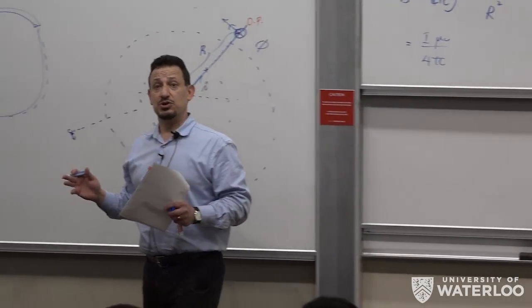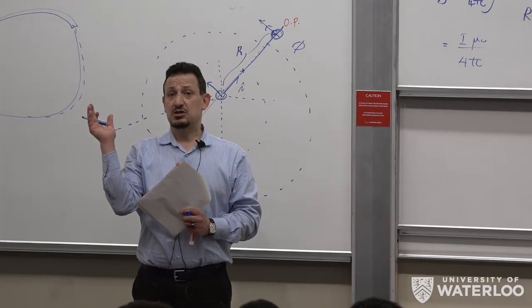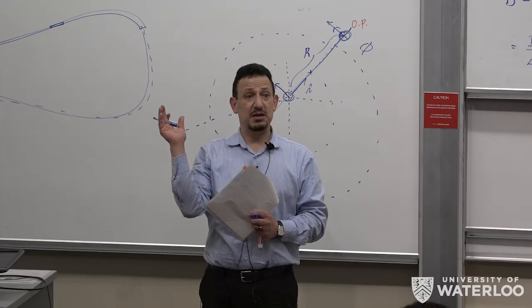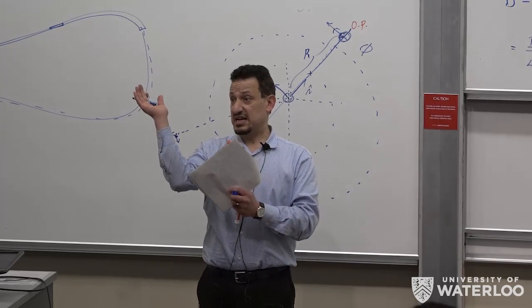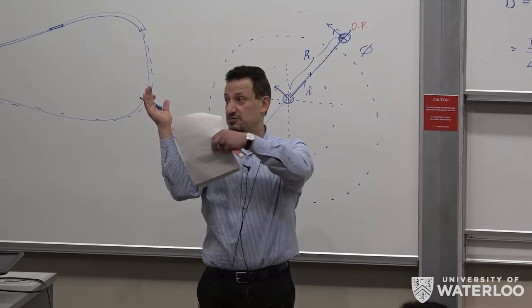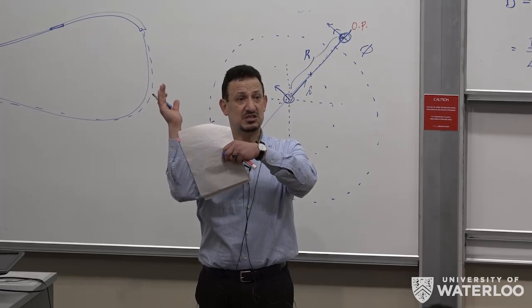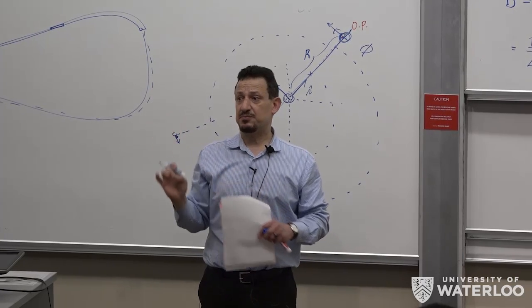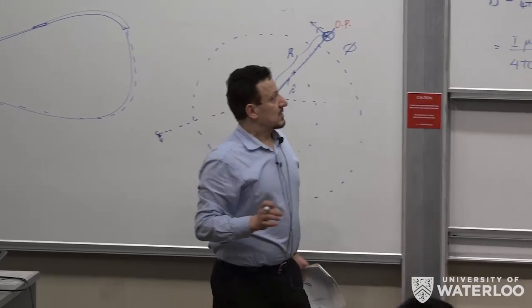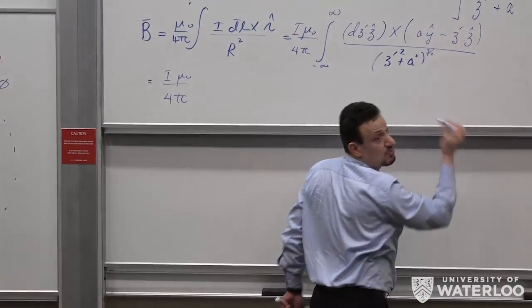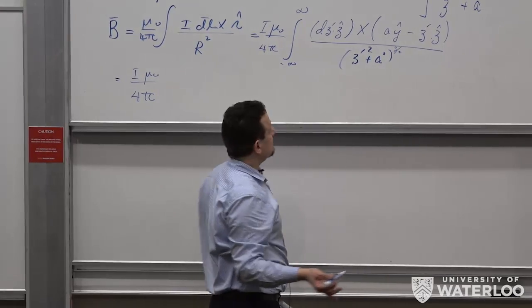Just remember, when you cross two vectors, you multiply their magnitudes and you multiply by the sine of the angle between them. So if the two vectors are collinear, what's the angle between them? 0. Okay? So I really don't need to cross this with this. Or if I cross it, I get 0.